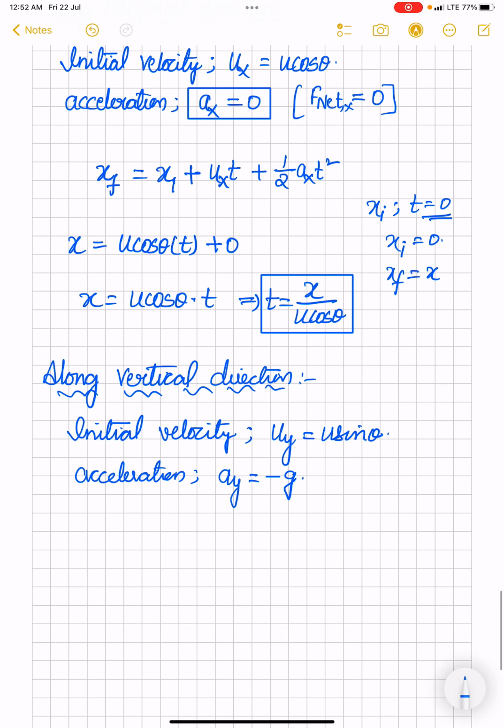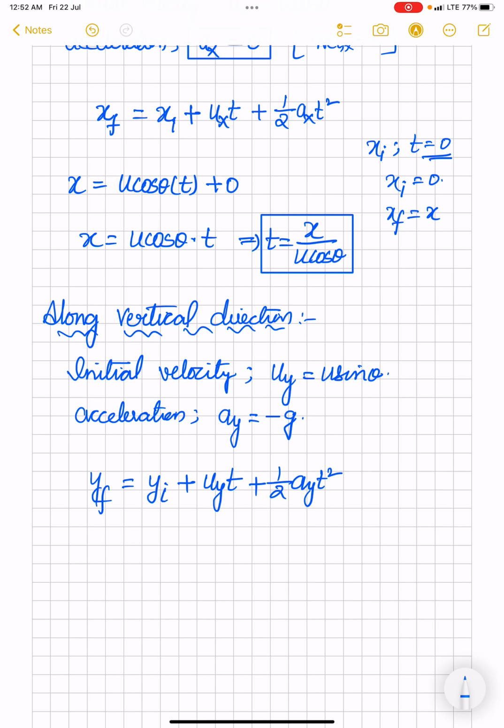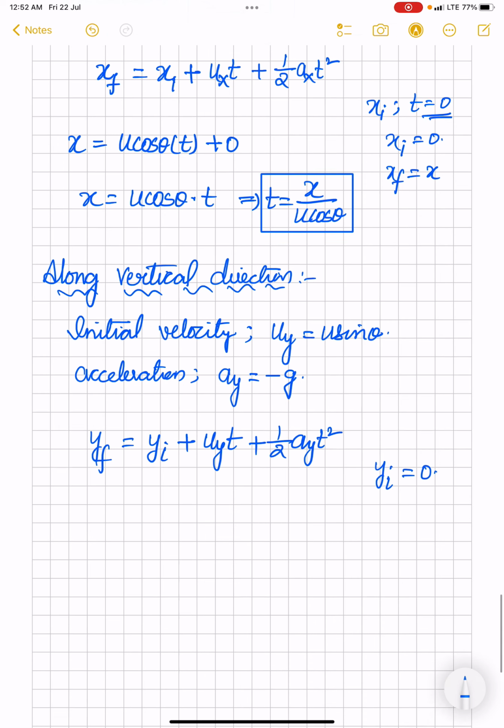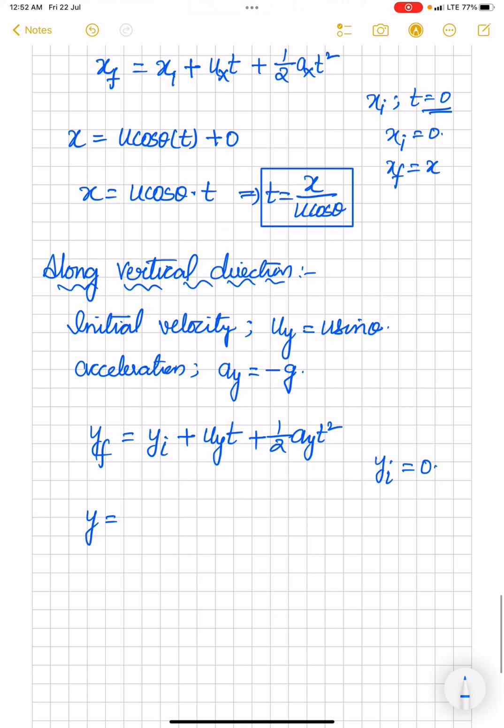So ay is considered as minus g. Now let us take, as usual, y final is equal to y initial plus uy t plus half ay t square. As x initial is 0, similarly y initial will also be 0. So y is equal to u sine theta into t plus half into minus g t square.